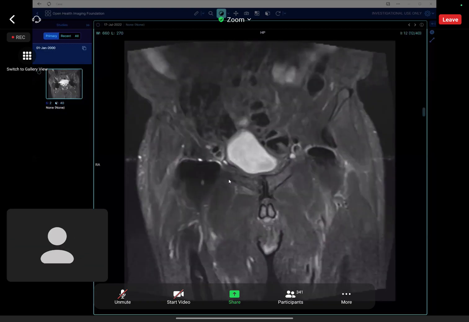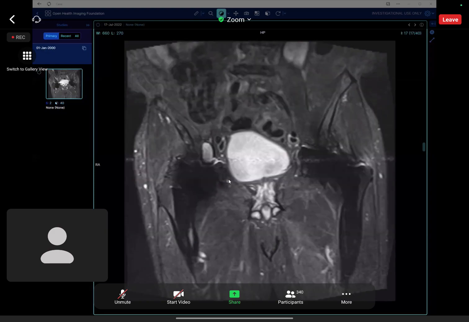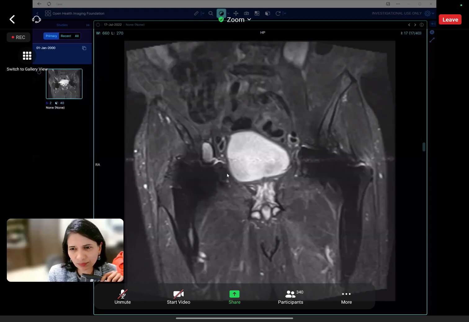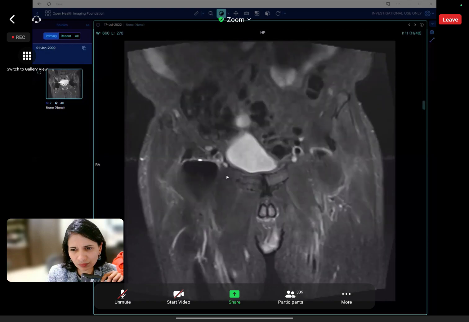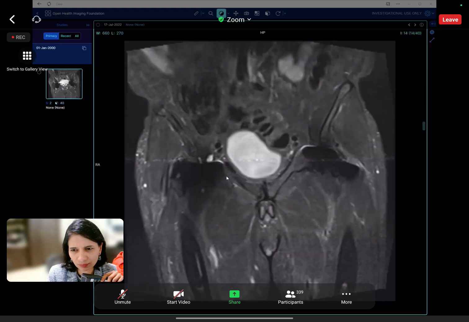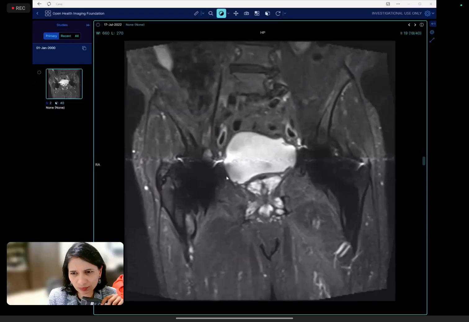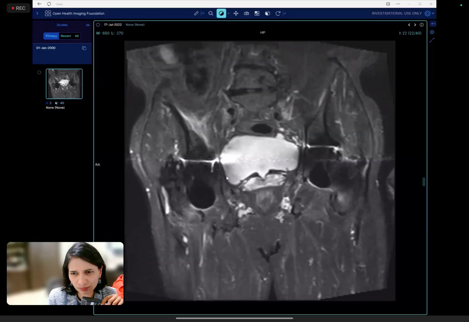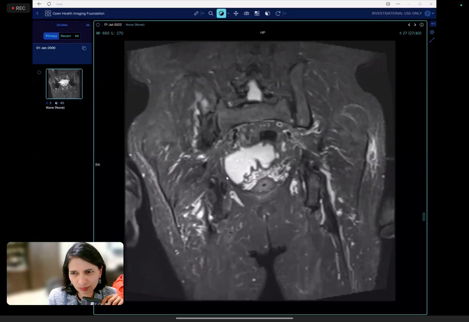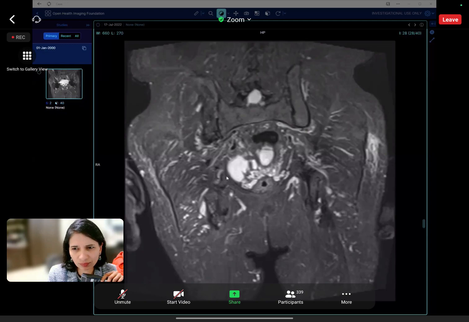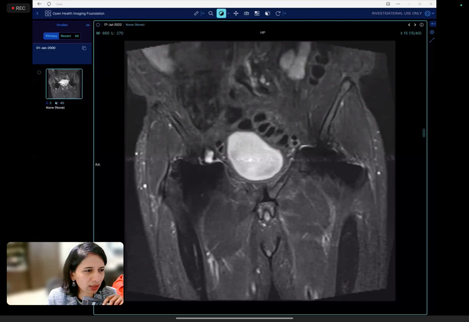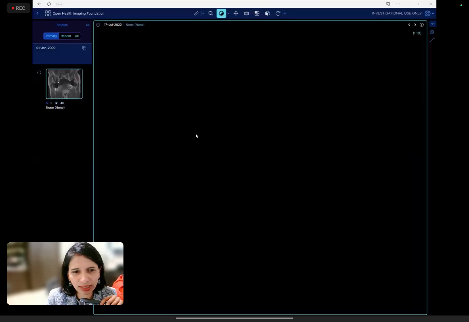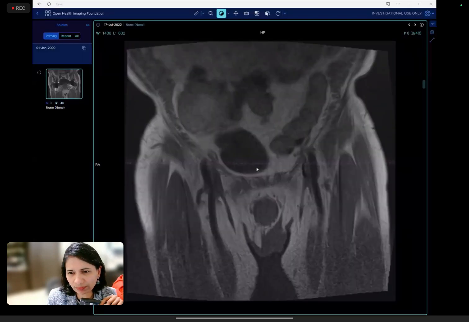So it's really the right hemipelvis which I was going to focus on here. That's the STIR image, and I can also show you the T1 weighted image.